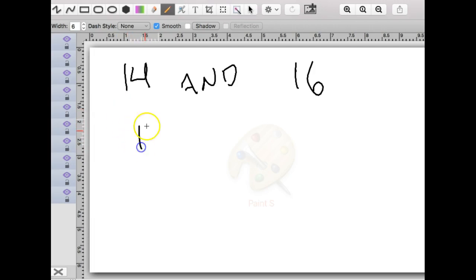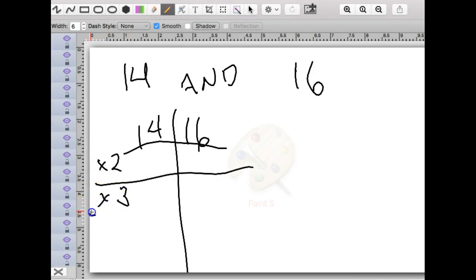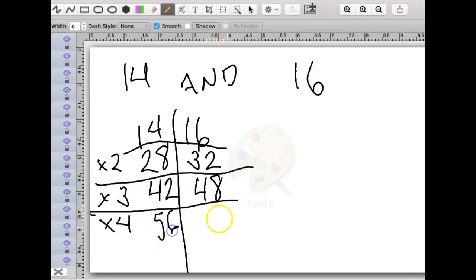So in order to do this one, you still have to do it: times 2, times 3, times 4. 14 times 2 is 28. 16 times 2 is 32. 14 times 3 is 42. 16 times 3 is 48. 14 times 4 is 56. 16 times 4 is 64.